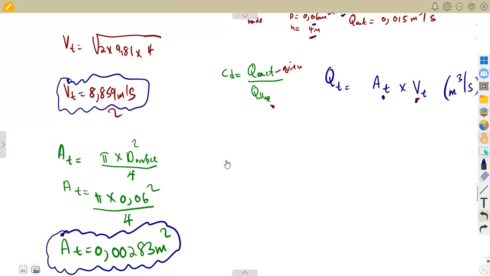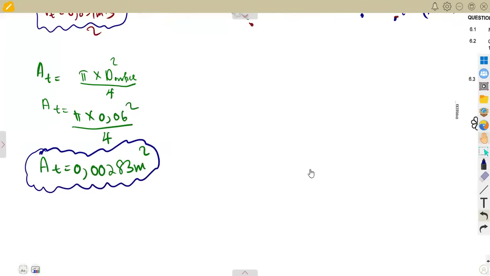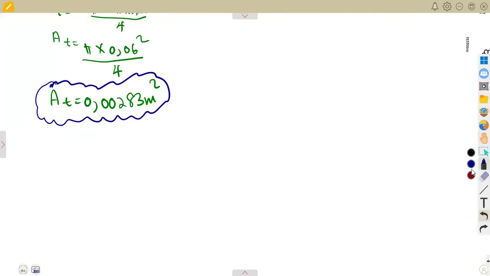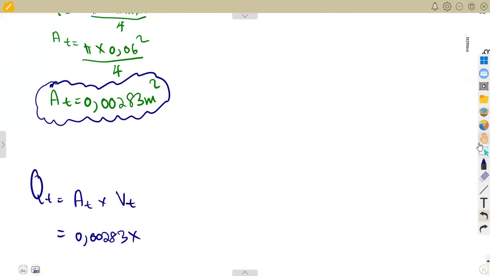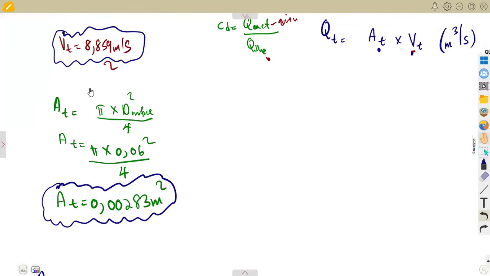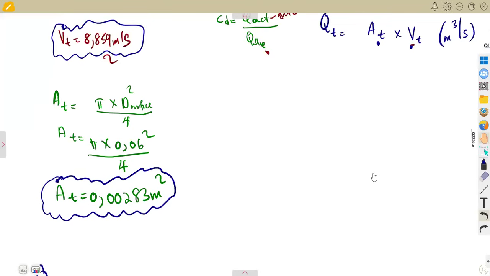Having the theoretical area, we can calculate the theoretical discharge, which is the one that we need here. So the theoretical discharge is calculated from which formula? Remember, the theoretical discharge that we are talking about is going to be theoretical area times the theoretical velocity. That is 0.00283 times the theoretical velocity that we had from this formula, 8.859.